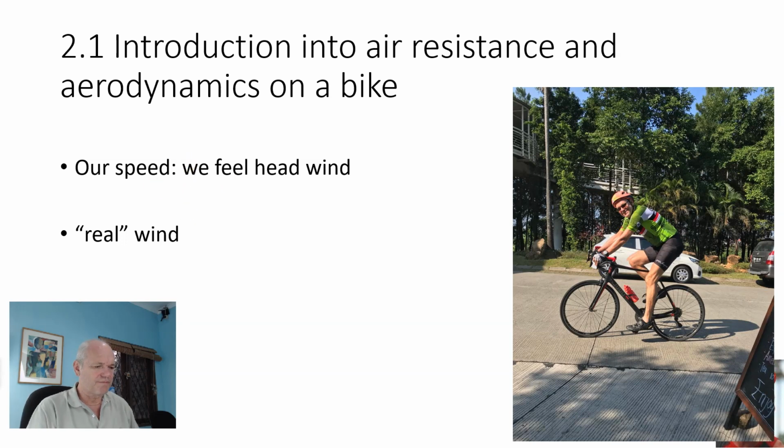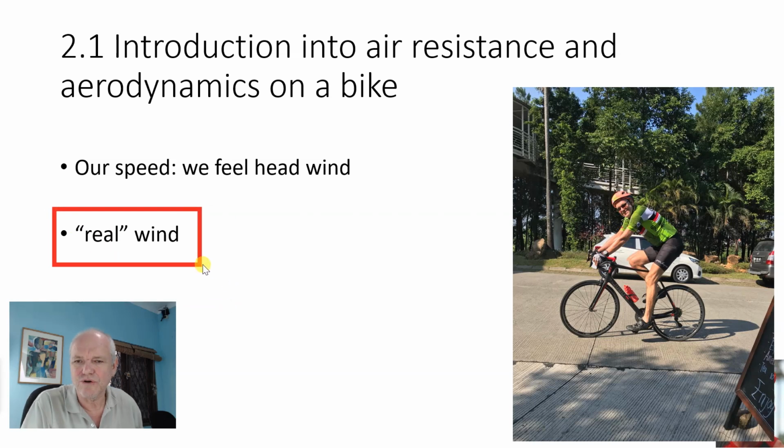But beside that, we also have the real wind. So we have to think about the combination of this headwind from our own speed and the real wind, which is there also without our speed.